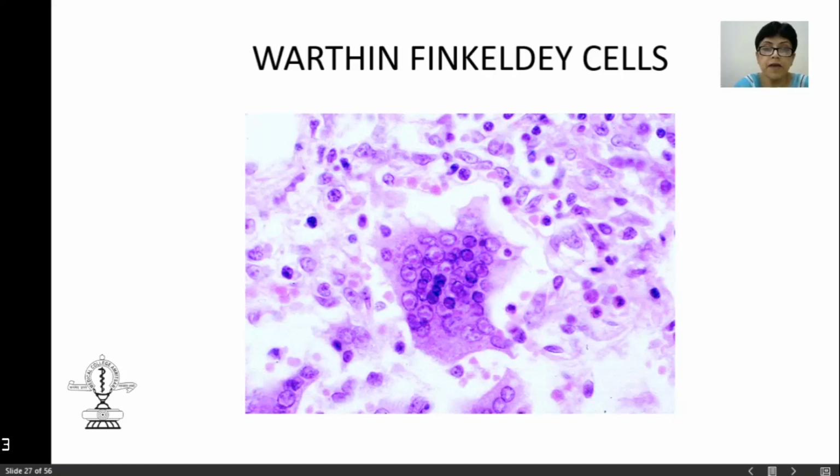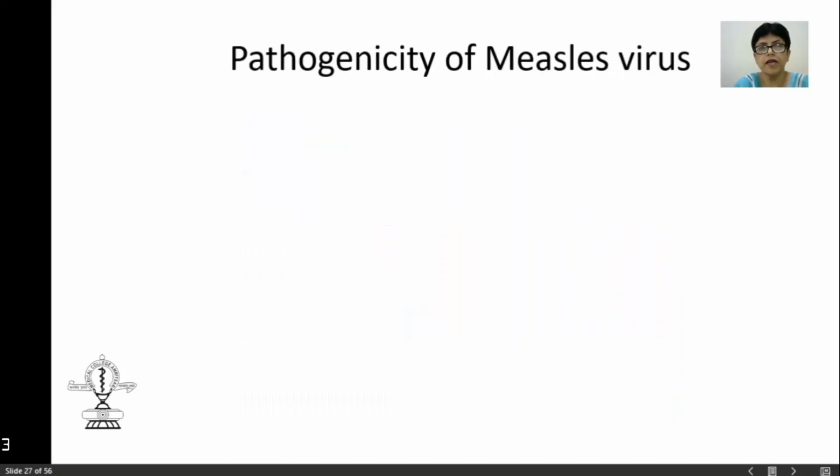This is the multinucleated syncytia showing acidophilic intranuclear and intracytoplasmic inclusion bodies, which also contain certain components of the virion. So Warthin-Finkeldey cells, important for you to remember, also for your MCQs.